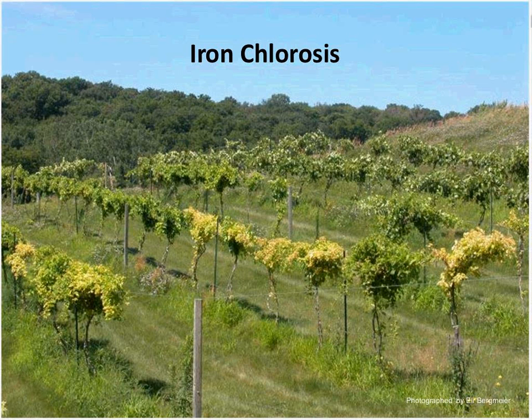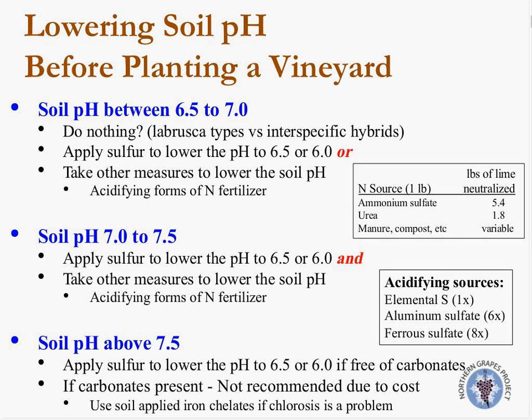So if that is a problem, what do you do? Lowering that pH, if at all possible, is one option. If you're between 6.5 to 7, you're almost in the ideal range unless you're growing Labrusca types. To lower pH, you'd use elemental sulfur.